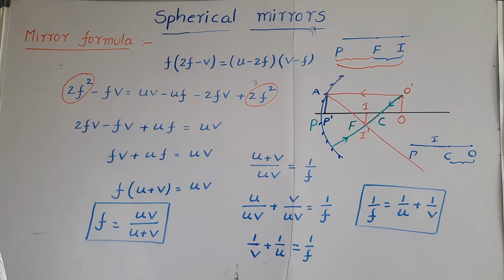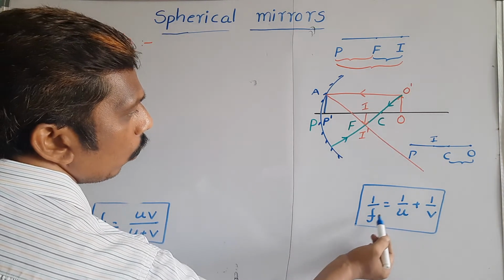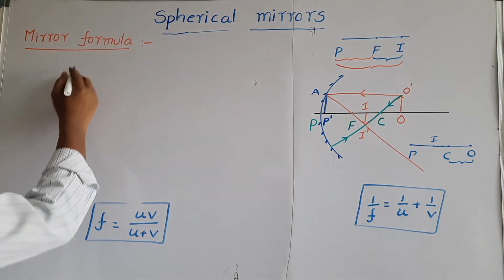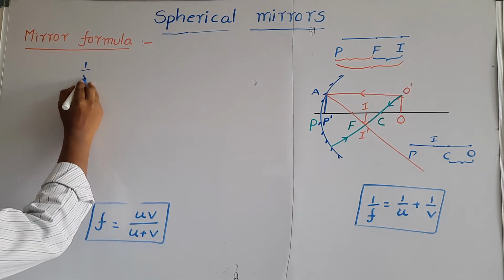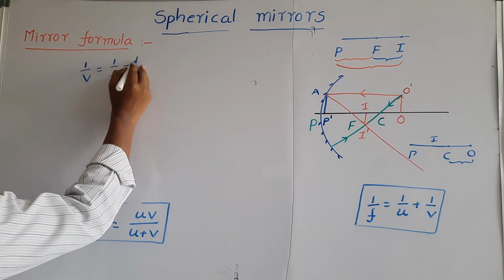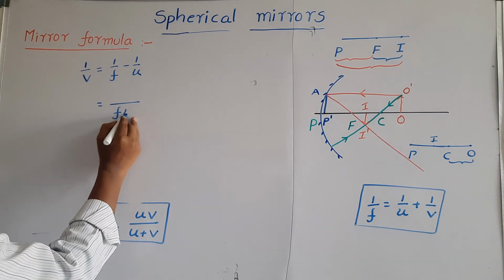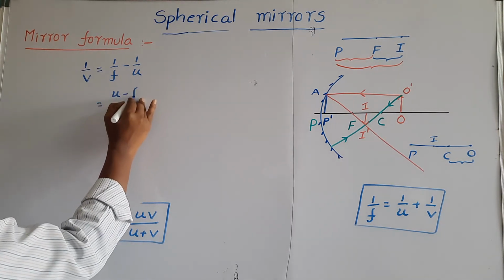Suppose they give U value and V value, to calculate focal length, this is the formula, F is equal to UV by U plus V. Next, suppose they give U, F value and to calculate V, from that 1 by V is equal to 1 by F minus 1 by U. Take LCM, UF is LCM, U minus F we can get.